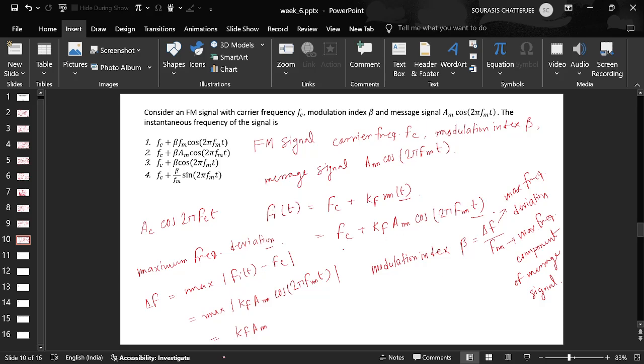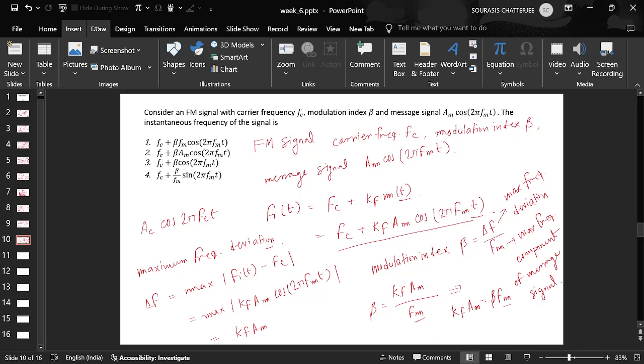So this is going to be my instantaneous frequency expression, right? And beta is given as delta f, we can replace with Kf Am by fm, right? So from this equation we can write Kf Am is equal to beta times fm.